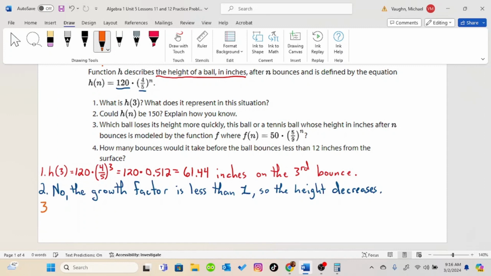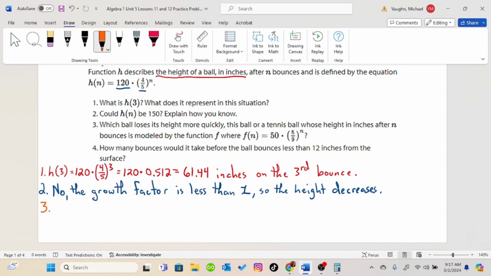Number 3. Which ball loses its height more quickly? This ball, or a tennis ball whose height in inches after n bounces is modeled by the function f, where f of n equals 50 times 5 over 9 to the power of n.